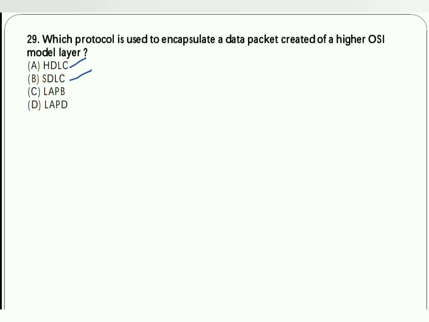Next, LAPD, Link Access Protocol on the D channel, is the second layer protocol on the ISDN protocol stack. Its development was heavily based on high level data link control. And LAPB is Link Access Protocol Balanced.